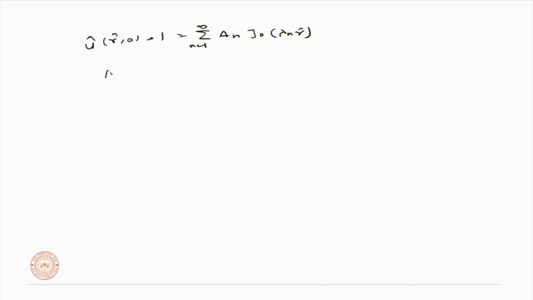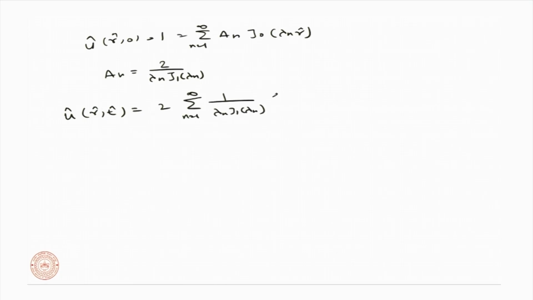If you solve for this, a n comes out to be equal to 2 over lambda n into J1 of lambda n. Therefore, your u cap of r cap comma t cap will be equal to 2 times summation n equals 1 to infinity 1 by lambda n J1 lambda n exponential of minus lambda n square t J naught lambda n into r cap.